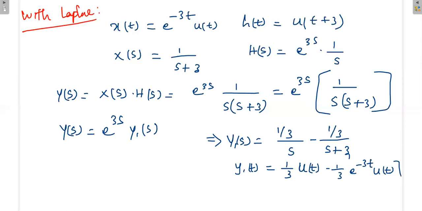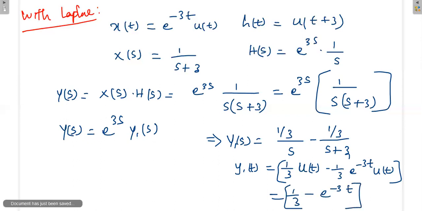Then we can write 1 by 3 into 1 minus e power minus 3t, taking u of t out.